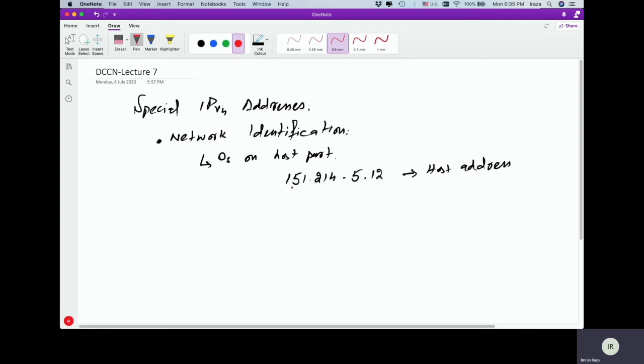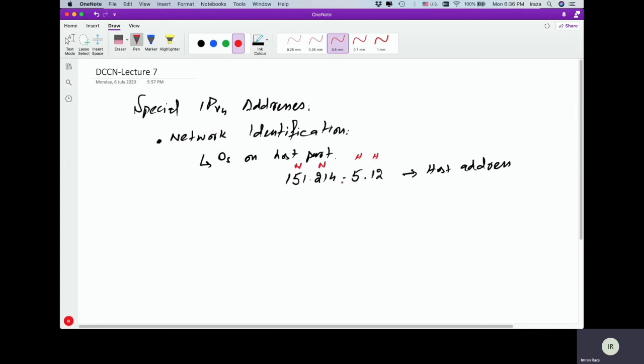By the way, can you identify the class of this address? Yes, it's a class B address, and I know in class B, the first 2 octets represent the network portion, and the remaining 2 octets represent the host portion.